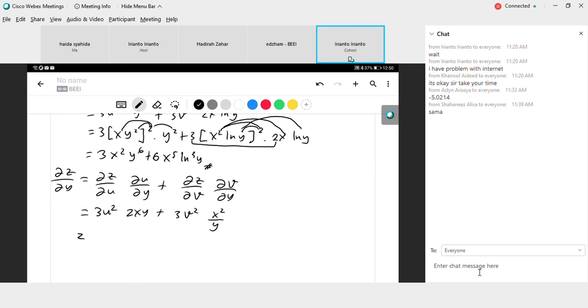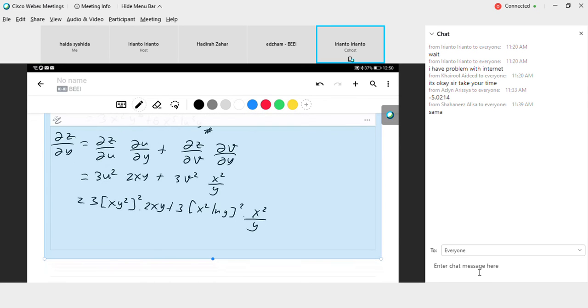So 3u, which is xy squared, multiplied with 2xy, plus 3v, which is x squared ln y squared, multiplied with x squared over y.